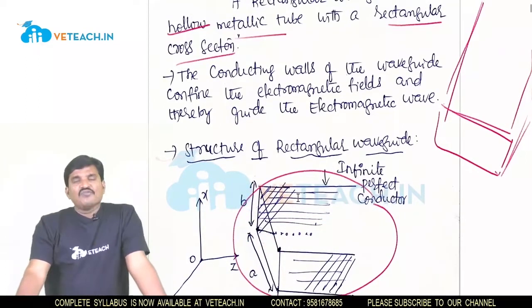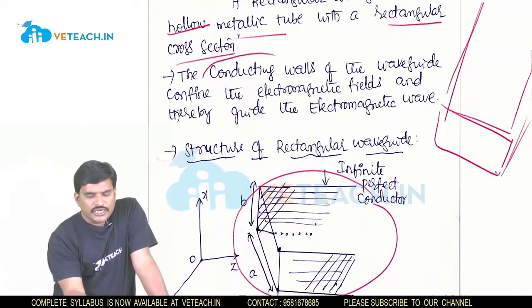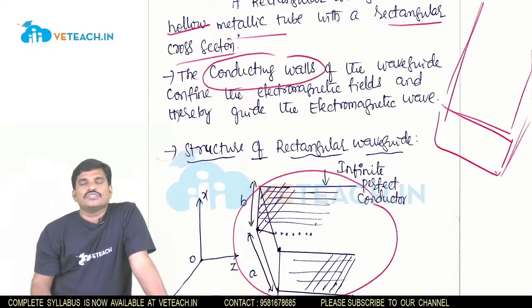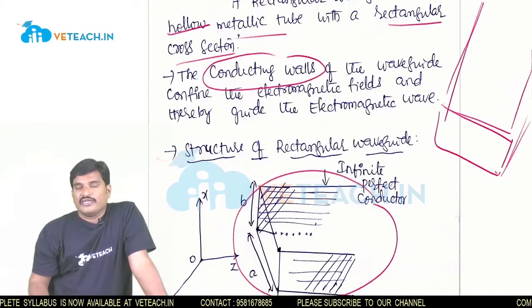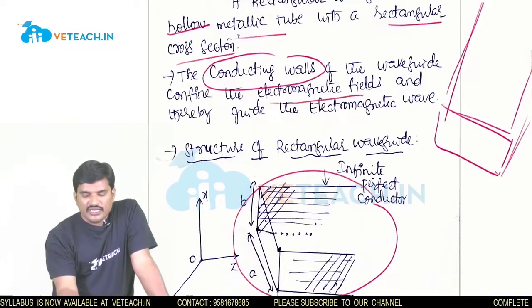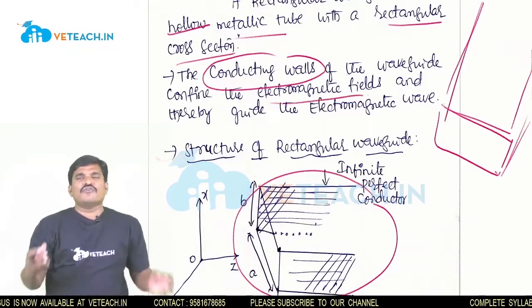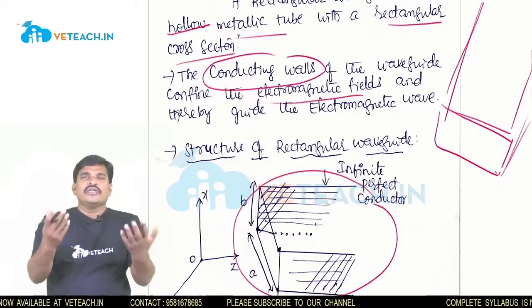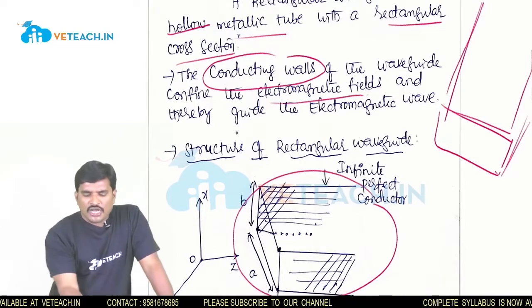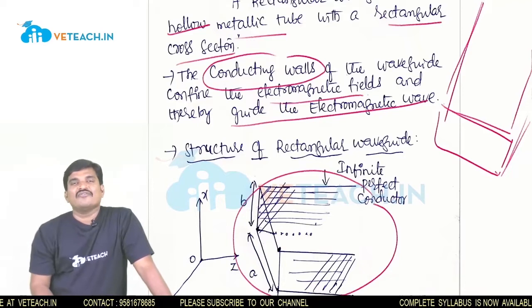The conducting walls, this phrase is important. The conducting walls of the waveguide confine electromagnetic fields, because the walls of a waveguide take that electromagnetic energy and guide the electromagnetic wave.